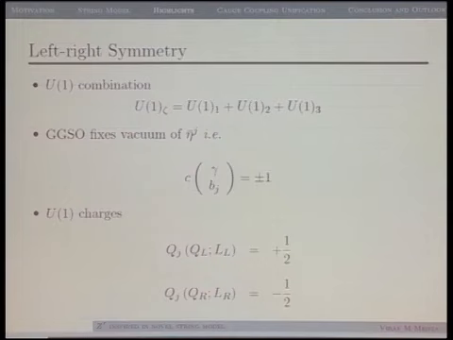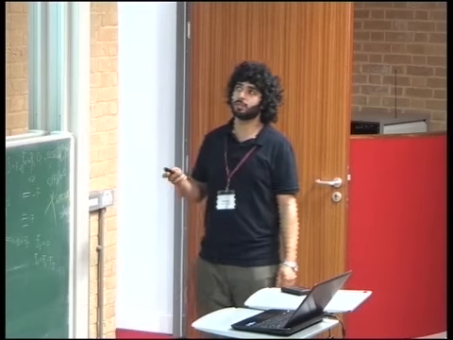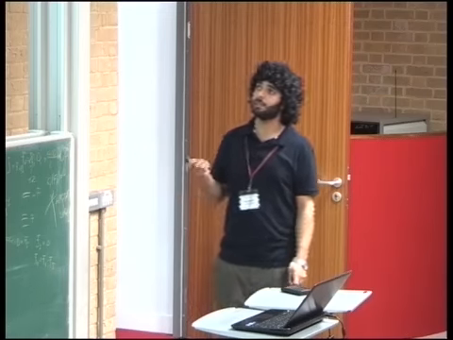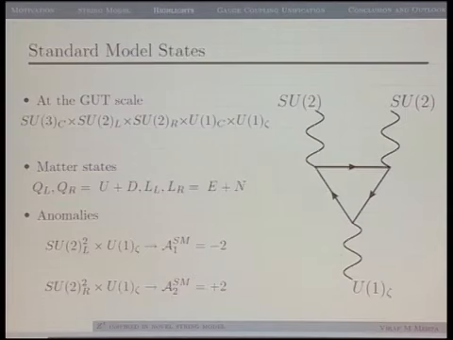Now, we'll take advantage of this because it actually allows for us to have an anomaly-free U(1) down to low scales. So if we only include the MSSM states in our model, we see that we have two anomalies induced.